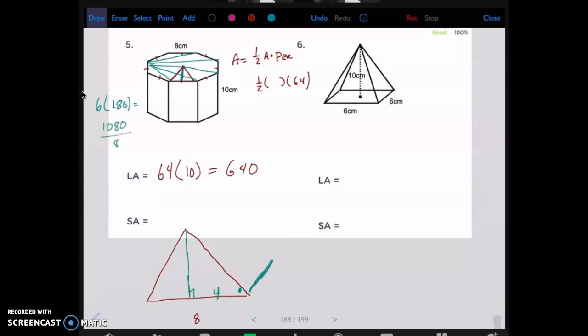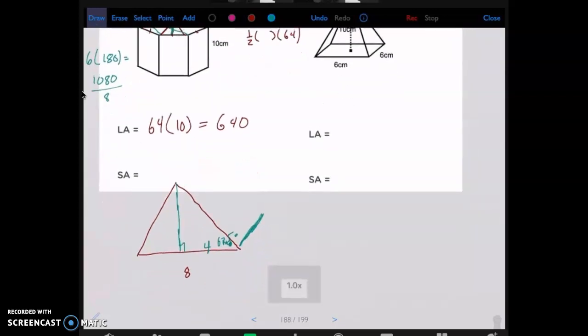That'll give me how big each angle is, 135. So this and this angle are 135. So I have to divide by 2, which is 67.5. So I just found that angle to be 67.5. Look back in your notes from chapter 10 if you forgot how to do that.